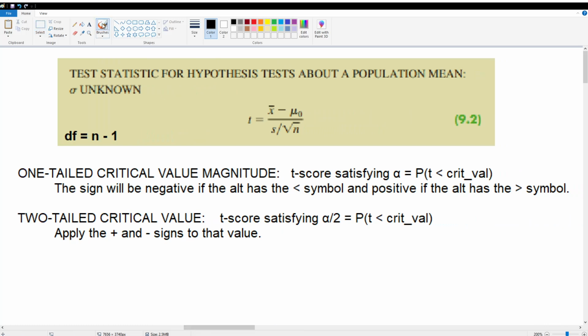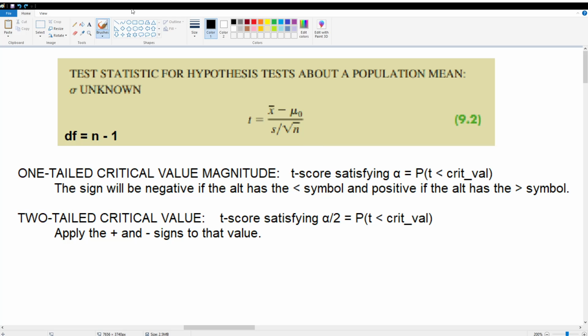When we do not know the population standard deviation, we're going to have to use the standard deviation from our sample S. Otherwise, as you can see, the test statistic is computed in essentially the same way. We take our sample mean x bar, we subtract the hypothesized mean from it, and then we divide by our approximated standard error given by the sample standard deviation S divided by the square root of our sample size.